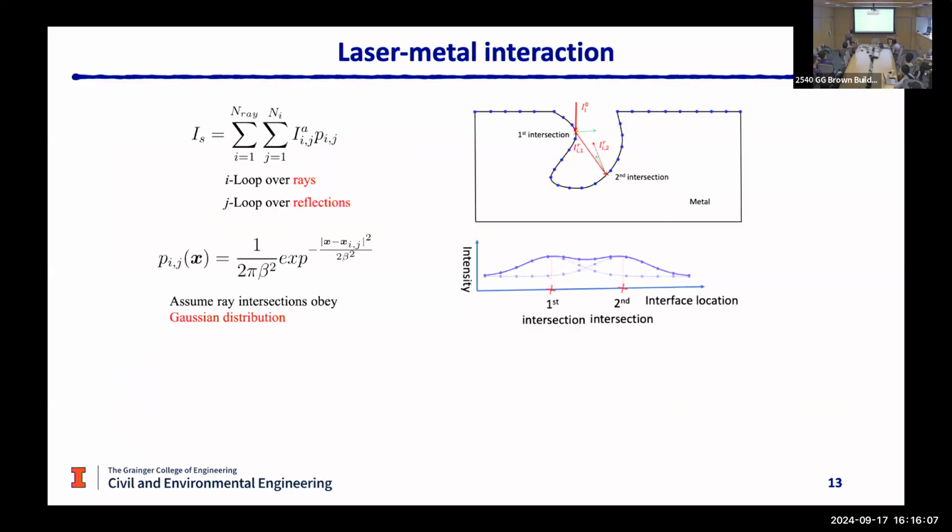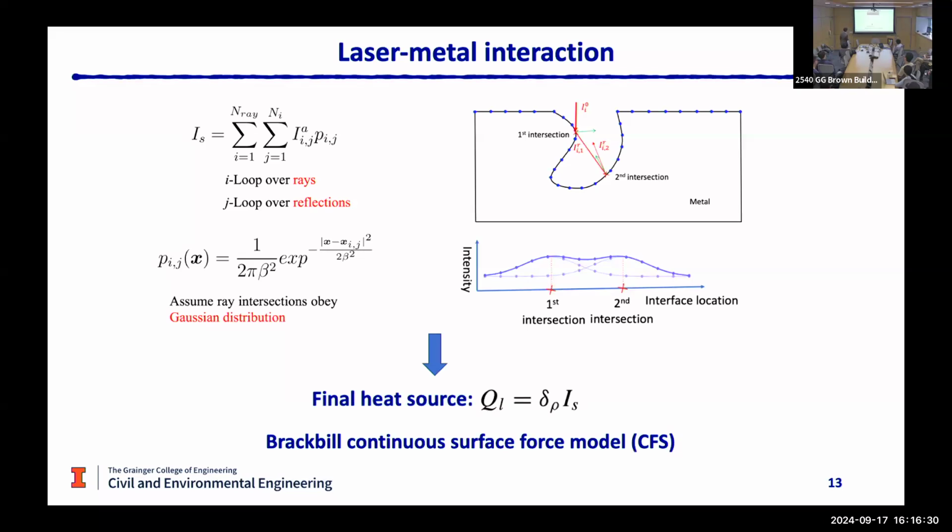At each intersection point, the absorbed energy will be distributed around the intersection point within a Gaussian profile. And we do this process between every ray and the gas metal interface. We will get all the Gaussian profiles, we add them together, and this becomes your final heat source, right? And this final heat source will be converted into a body force and turned into the energy conservation equation through the Brackbill continuous surface force model.